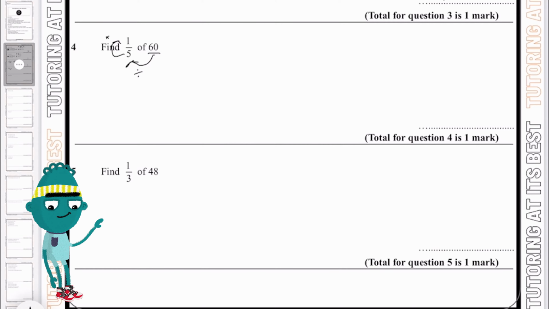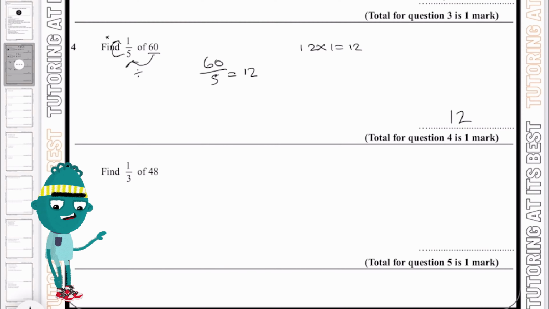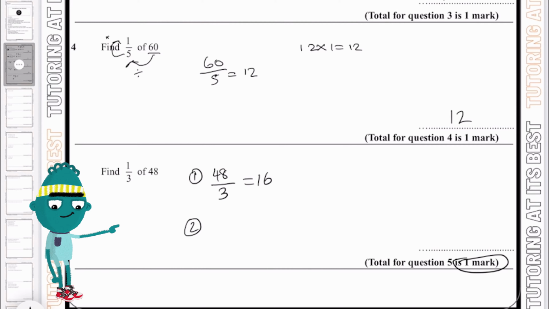So 60 divided by 5 gives us 12, and then 12 multiplied by 1 gives us 12, and that's our answer. So this can be done mentally. And for those who want to practice their times tables or even fractions, this is definitely a very good topic here. So 48 divided by 3 gives us 16, and then 16 multiplied by the numerator is 16.